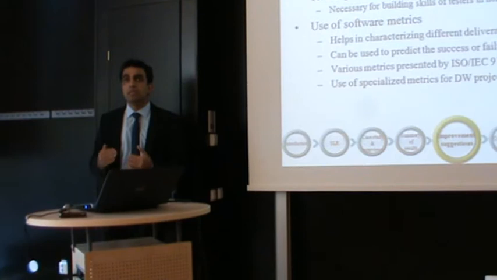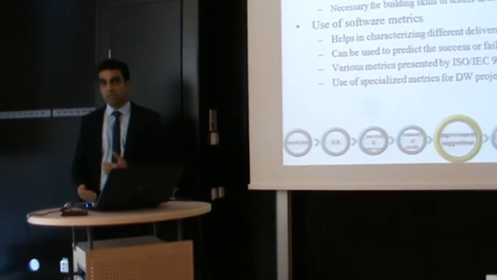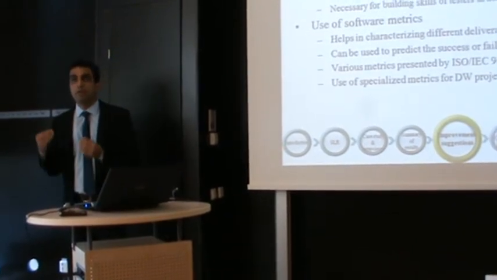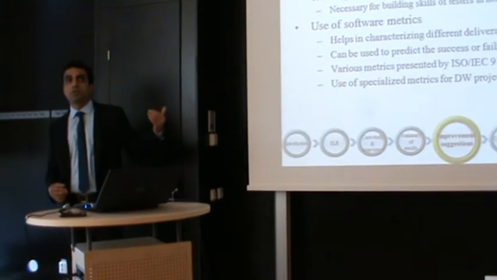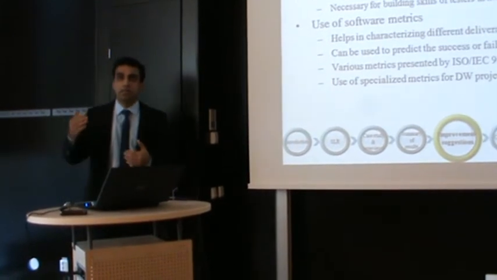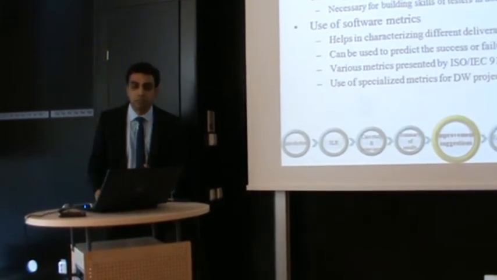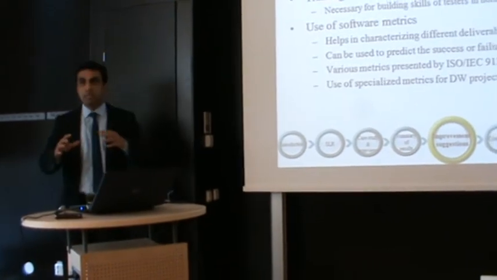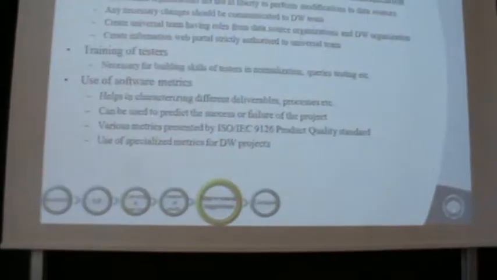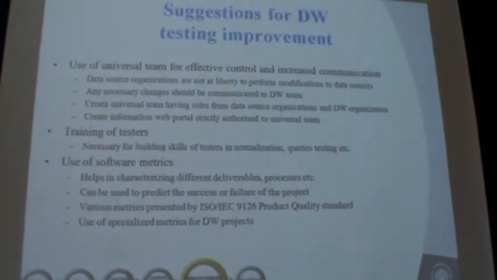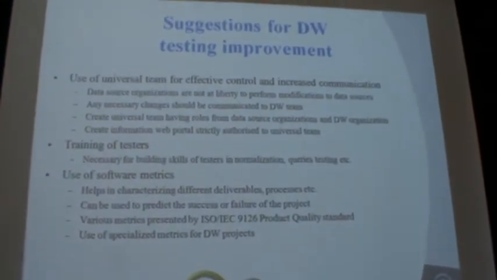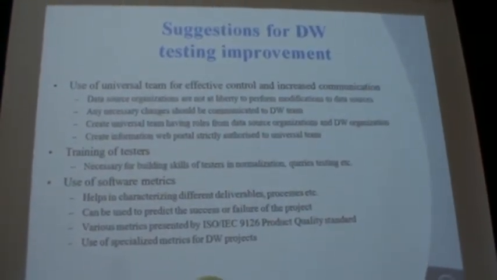If there is any need for performing any kind of modification to the data sources, everything should be communicated to the data warehouse team so that proper impact analysis can be performed. Therefore, we consider that a universal team should be created with members from the DW organization as well as from the data sources team.